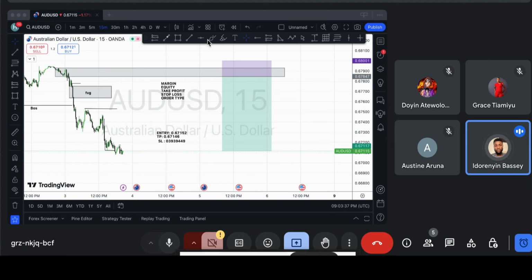I always emphasize risk management a lot. It is a crucial tool for managing risks by defining the maximum amount you are willing to lose on a trade. It is a tool on its own.